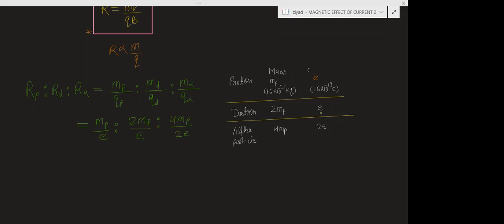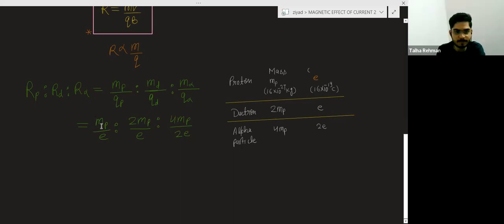So now mp by e, mp by e, and mp by e, the mp will be cancelled out. So what will be remaining here? 1 here, and here 2, and here what will remain? 4 by 2, because this thing and this thing and this thing will be cancelled out.